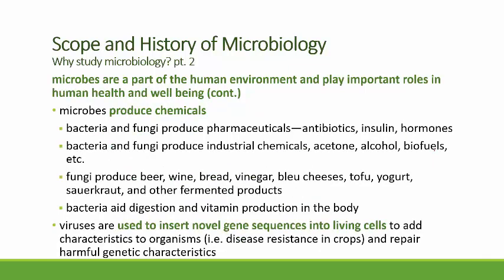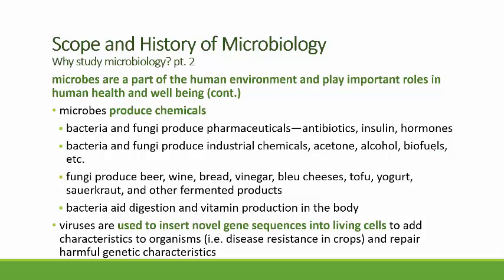We also use them to produce chemicals. So for instance, bacteria and fungi are used to produce pharmaceuticals, either because they produce them naturally, these pharmaceutical-like materials, or because through genetic engineering we've been able to force them to do it for us. So antibiotics, insulin, and some of the hormones that are used as treatments all have a bacterial or fungal source.